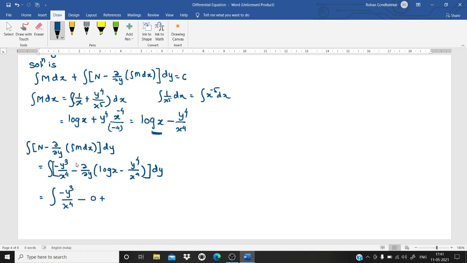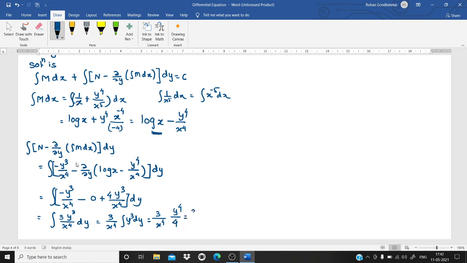Now this minus minus becomes plus. The derivative of y raised to 4 will be 4y cube upon 4x raised to 4, that is y cube upon x raised to 4. Okay. Now here we have minus y cube upon x raised to 4 and here we have plus y cube upon x raised to 4. So what is the answer now? Hence the integral of 3 times y cube upon x raised to 4 dy. From this, 3 upon x raised to 4 is a constant. The integral of y cube dy, what is the integral of y cube? Which is y raised to 4 upon 4.